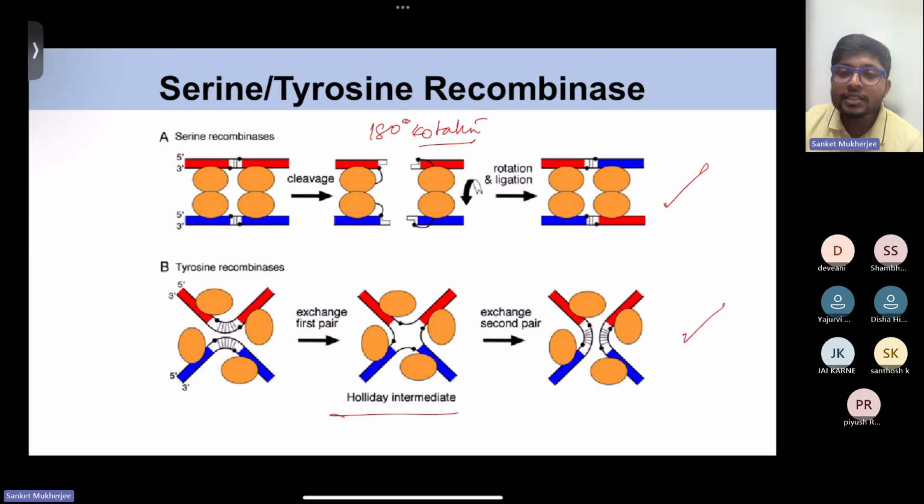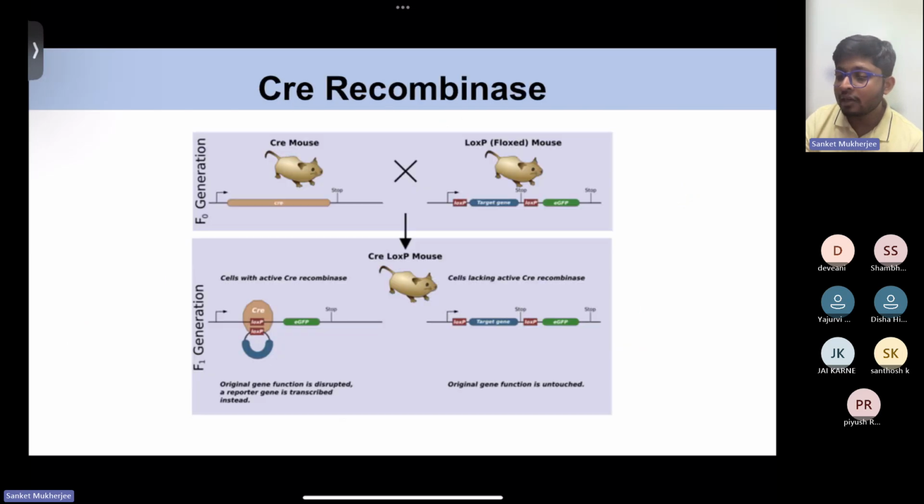So these techniques will be very important to introduce genetic modifications in a system, in a cell. For example, for tyrosine recombinases, we have already talked about Cre recombinase and FLP recombinase. These are tyrosine recombinases. We will see how these are used.